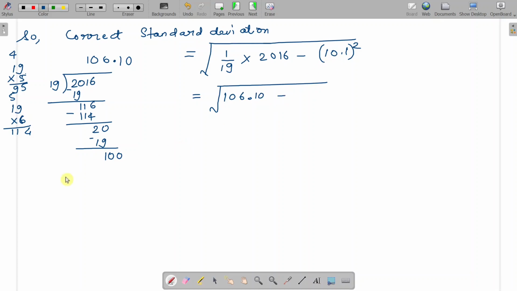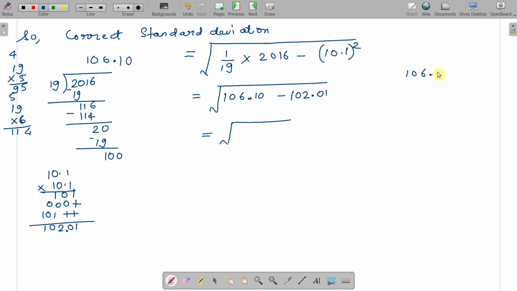Minus, let us calculate 10.1 square. 1 ones are 1, 0 1 plus 0 0 0 plus 1 0 1. Okay, so 1 0 2 0 1, so 102.01. So that means root of, let us now see what is 106.10 minus 102.01.